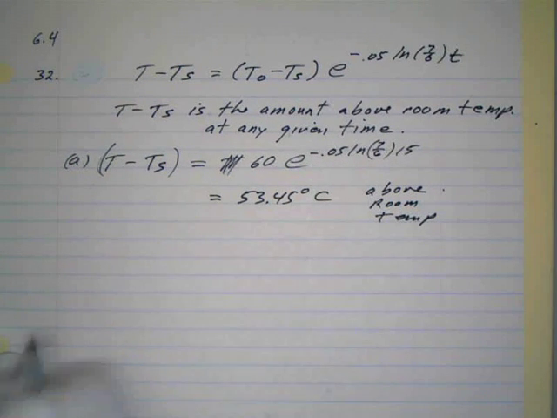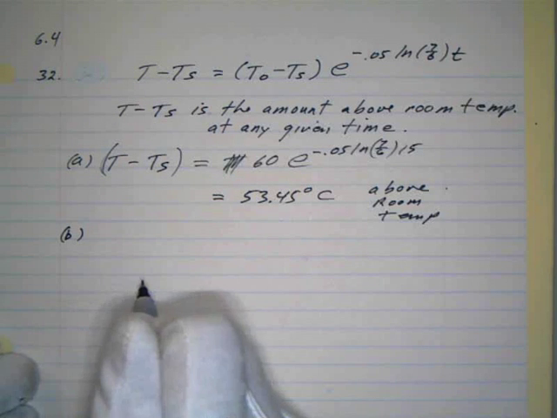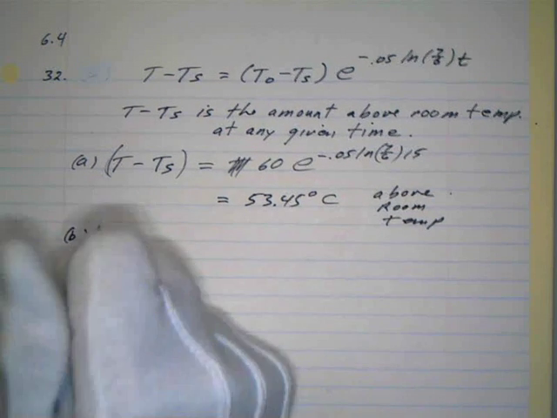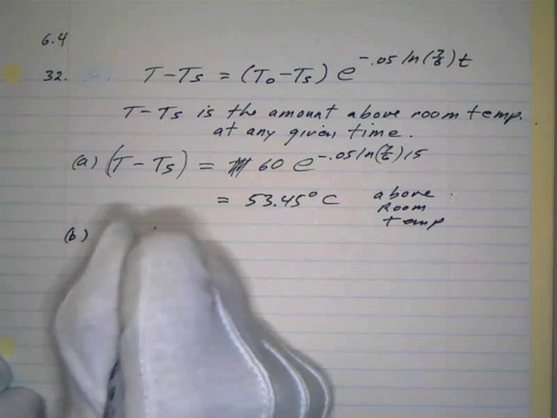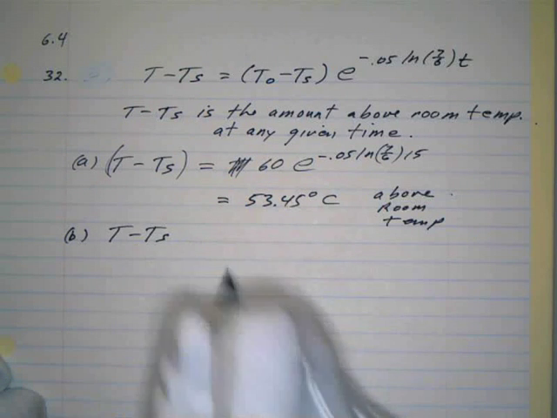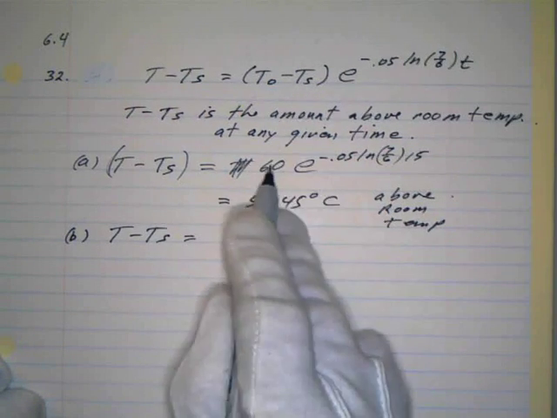Okay. Letter B. How far above the room temperature will the silver be 2 hours from now? So that's easy. So again, we're looking for this T minus T sub S. And that's going to be equal to, and again, this T sub 0 minus T sub S is relatively constant.